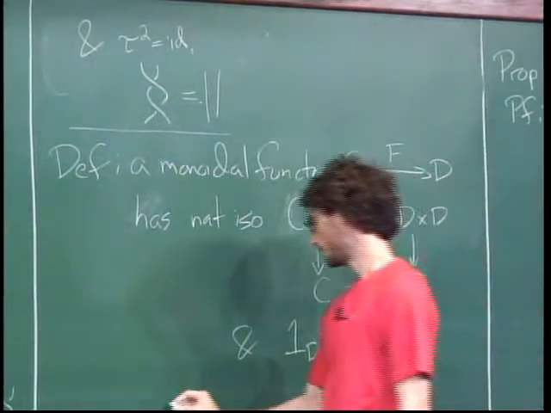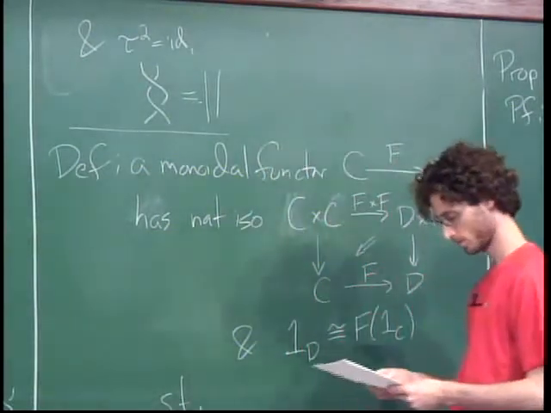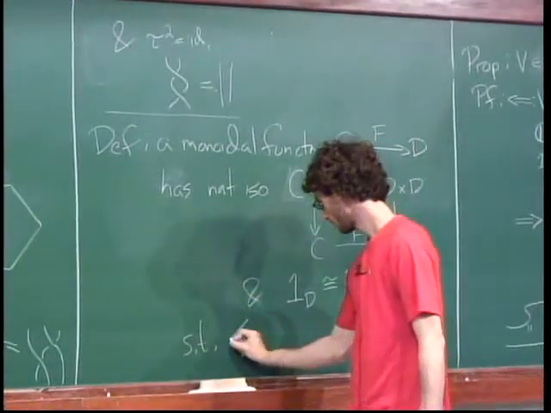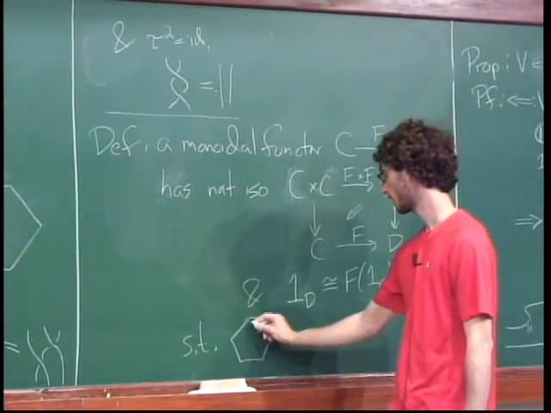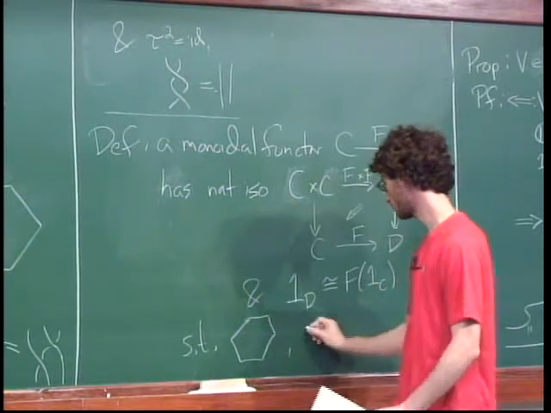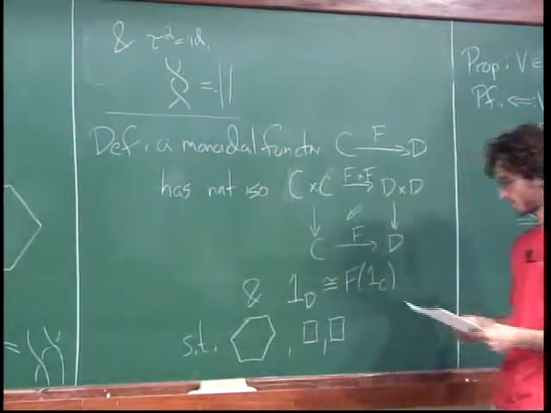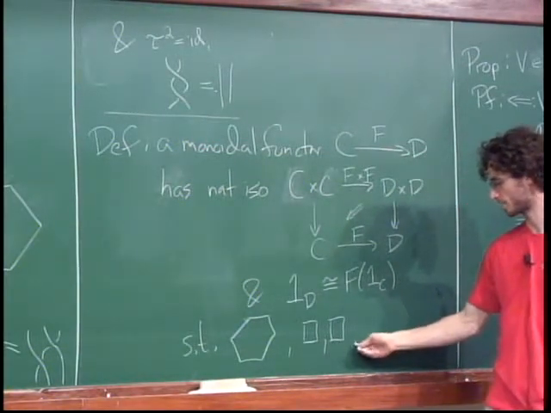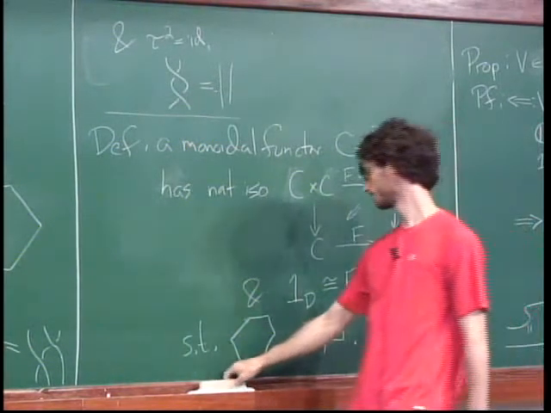And then these things need to satisfy some coherence conditions that maybe I won't write out. You probably are getting the hang of how to write down these different conditions. There are 3 conditions. One has the shape of a hexagon, and there are 2 squares, so maybe I'll leave it as an exercise to think up what the natural coherence conditions are for a monoidal functor.